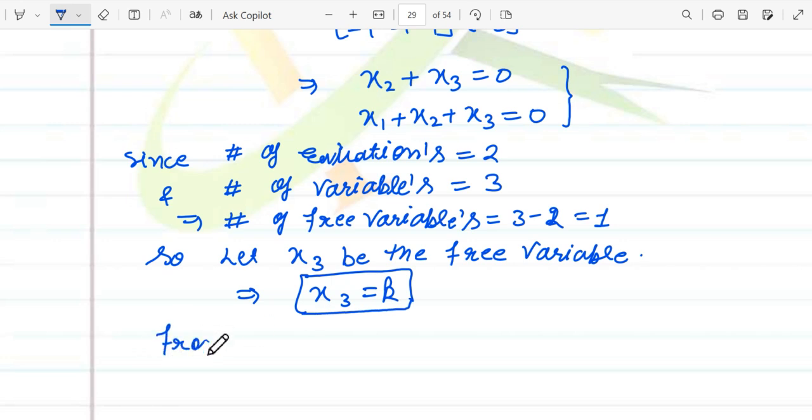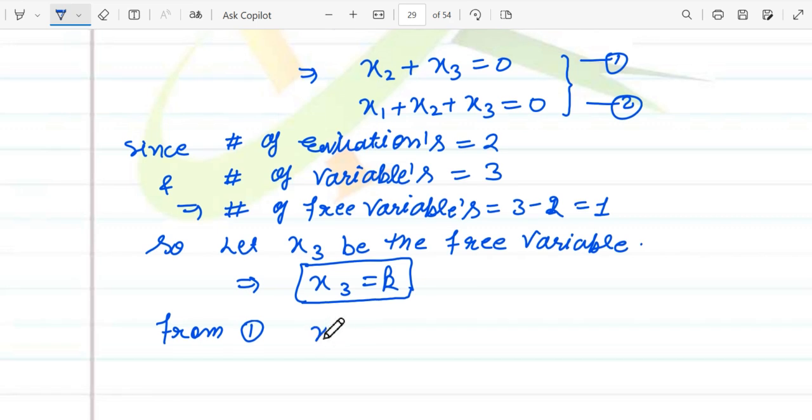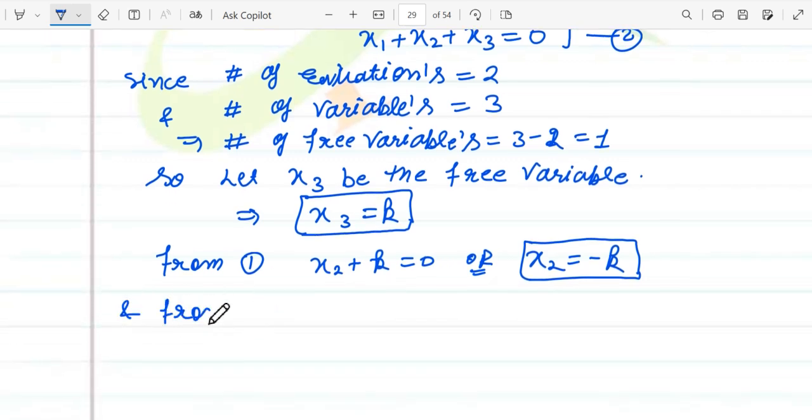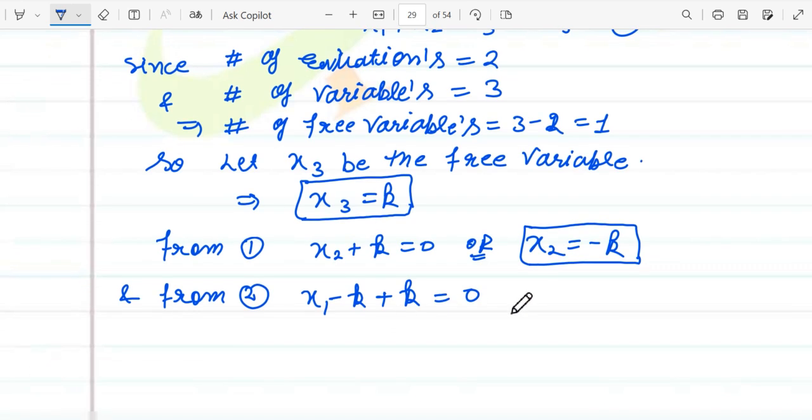From 1, that is 2, from 1: x2 plus k is equal to 0 or x2 is equal to negative of k, and from 2: x1 minus k plus k is equal to 0 or x1 is equal to 0.